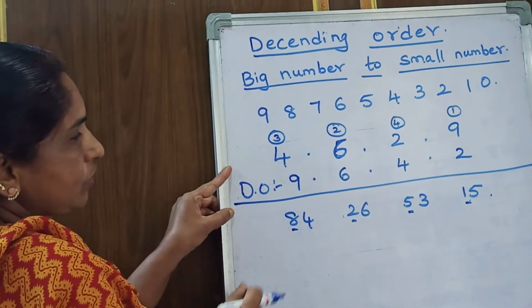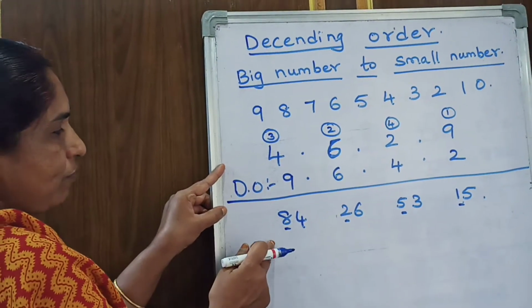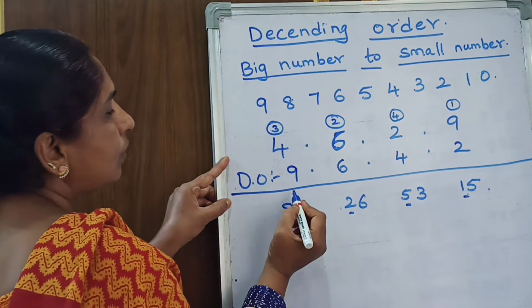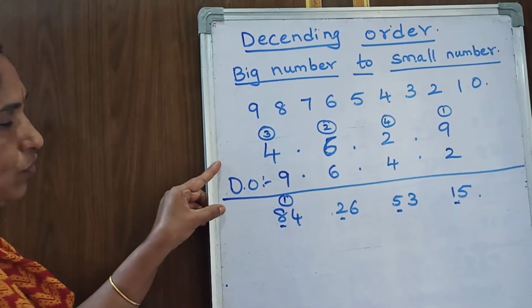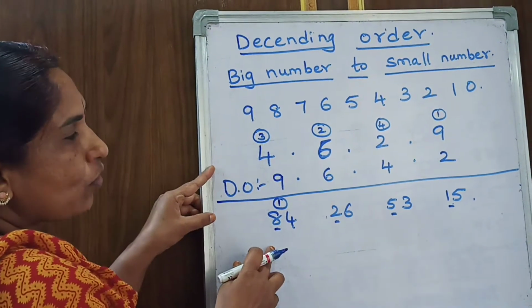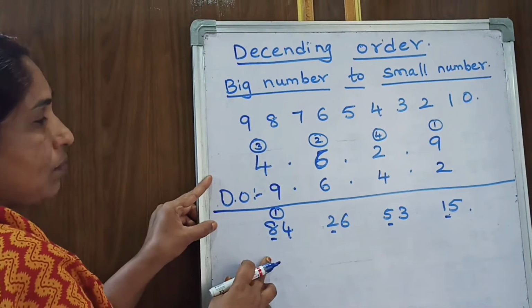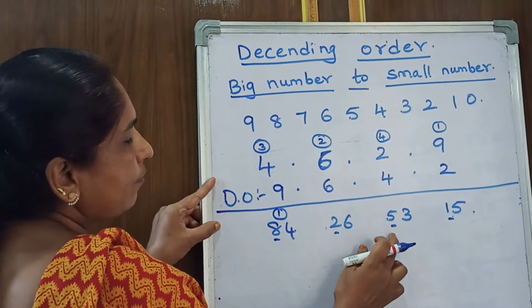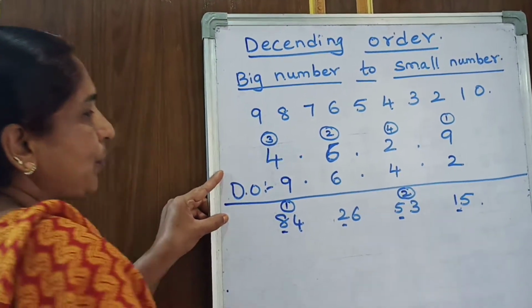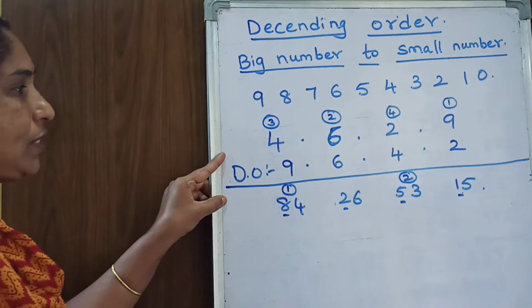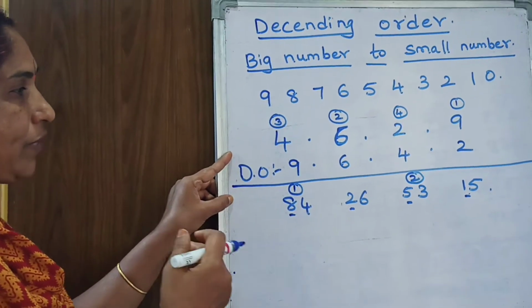So out of these, which is the big number? 84. 8 is the big number. So 1 on the top of 84. After 84, which is the next biggest number? 53. 5, 3, 53 is the next biggest number. Next, which is the next biggest number after 53?